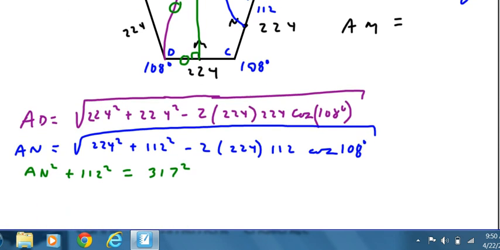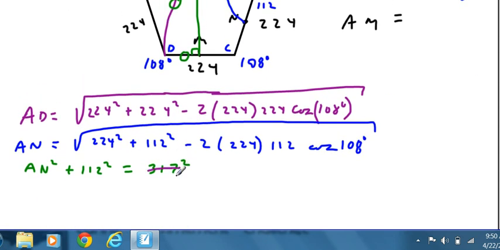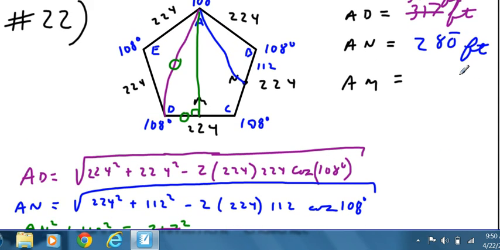So if that's 362 feet, then A to M is the square root of 362 squared minus 112 squared, which is 344 feet.